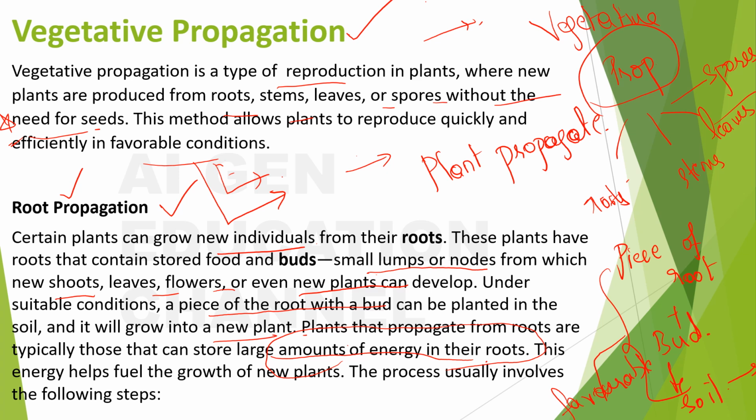The process usually involves the following steps. So why is this energy so important? Because only if this energy is there, that will fuel the growth of new plants. So let us see the steps involved in it. Remember that for the root propagation, you have to take a piece of root that has a bud and has to be put in a soil, and not all the roots are capable enough to do this.